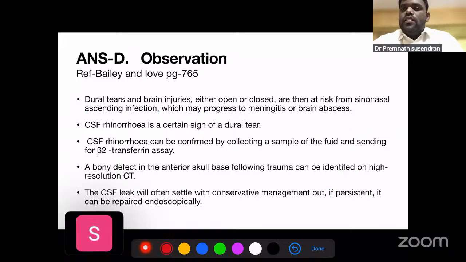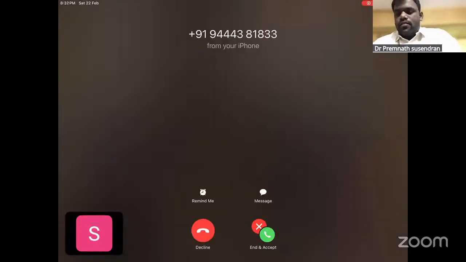so this reference is mainly taken from the ENT chapter. Okay, nose chapter of Bailey and Love. It's given that the dural tears and brain injuries, either open or closed, are at a risk of sinonasal ascending infection, which may progress to meningitis and brain abscess.